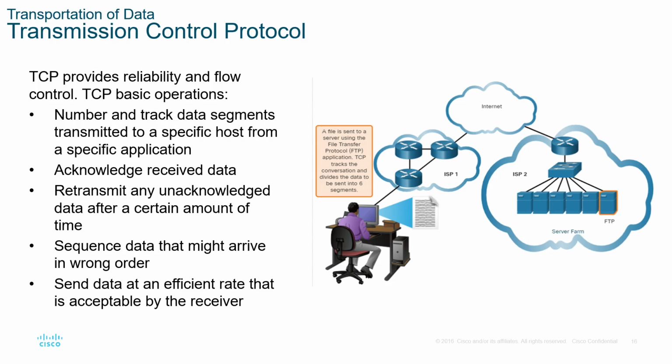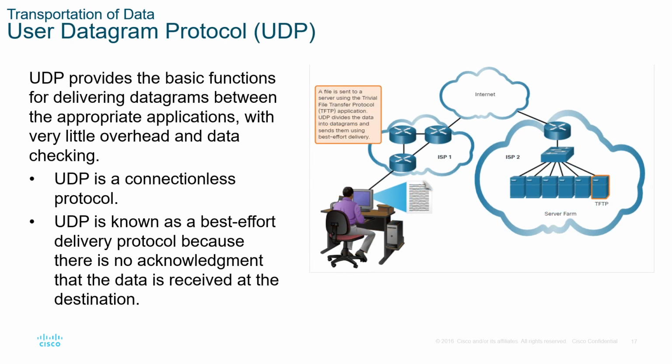We track the beginning of the conversation all the way to the finished end point of the conversation, and the application being used, through acknowledgments and these sequence numbers. Anything that's not acknowledged gets retransmitted. If something arrives out of order, because we are maintaining and tracking this, we can put it back together. So we send the data at an efficient rate that's acceptable to the receiver.